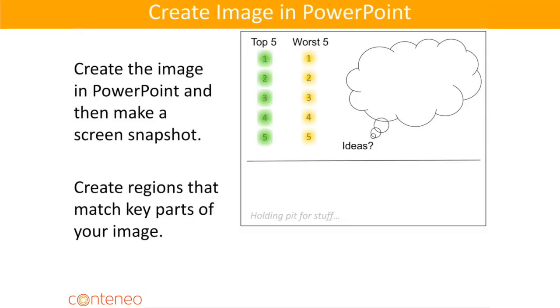Here is an example of a framework that we call Top 5 Worst 5, in which participants identify the best and worst things that are associated with a process. This image was created in PowerPoint, and you can select that and simply save it as a PNG from PowerPoint. From there, you can upload it into Weave and create the regions that match the image.